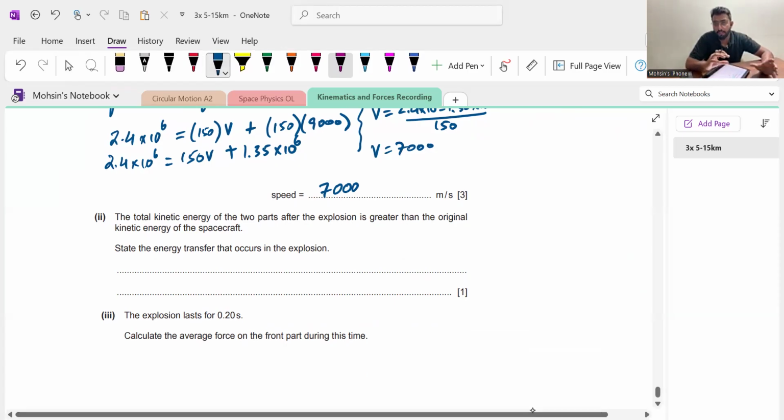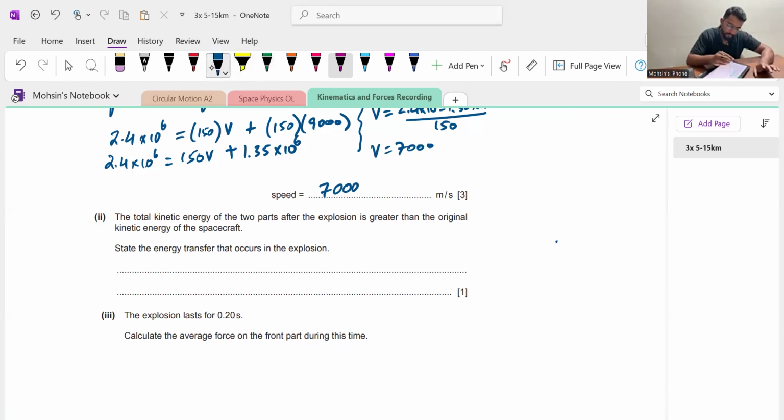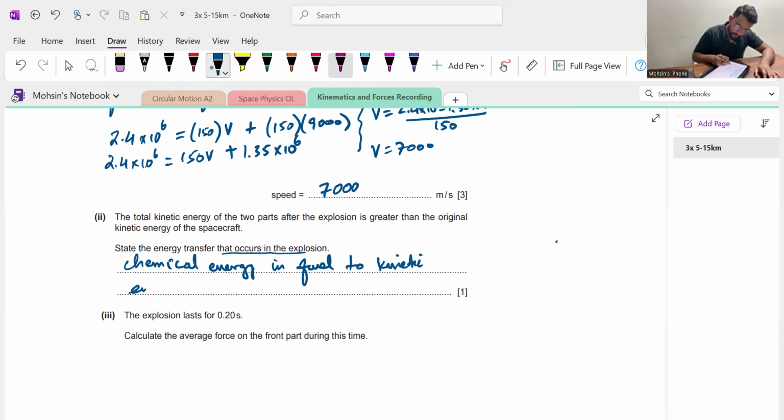Obviously, the fuel's chemical energy is converting into thermal energy and kinetic energy in the explosion.